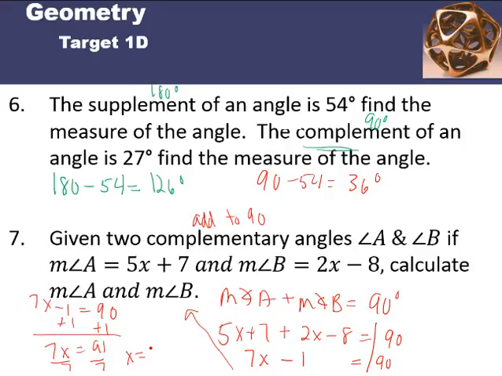91 divided by 7. Sorry, yeah. 13. So x is 13. Now I found x, but it wants angle A and angle B, so now I'm going to plug in.